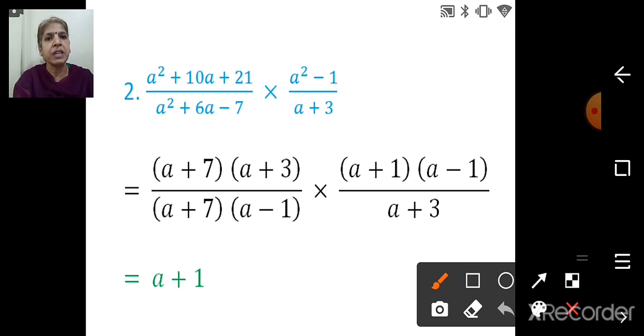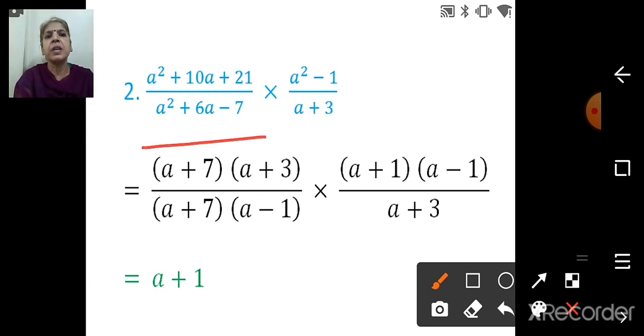No. Then 3 into 7? Yes. So 3 into 7, and you can check 3 plus 7, we are getting 10. So how are we going to write the factors? Which variable is used? a. a plus 7 into a plus 3. So the 2 brackets which we are getting are a plus 7 into a plus 3.